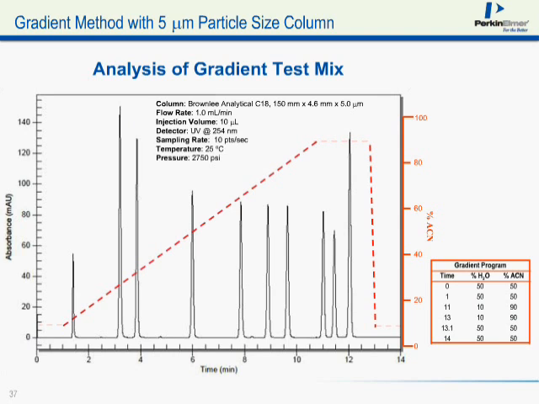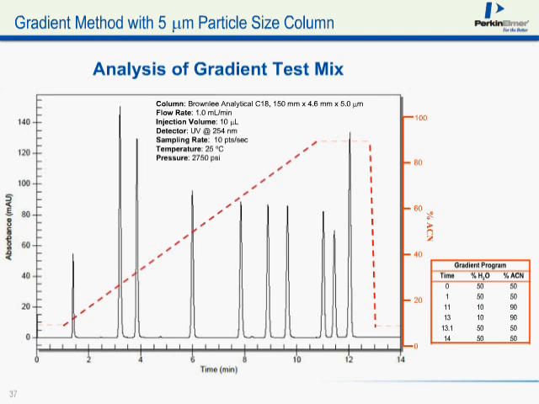This first slide represents the separation of that gradient test mix on a 150 by 4.6 millimeter 5 micron column. I ran this at a flow rate of 1 mL a minute, and it takes about 15 minutes for the gradient.